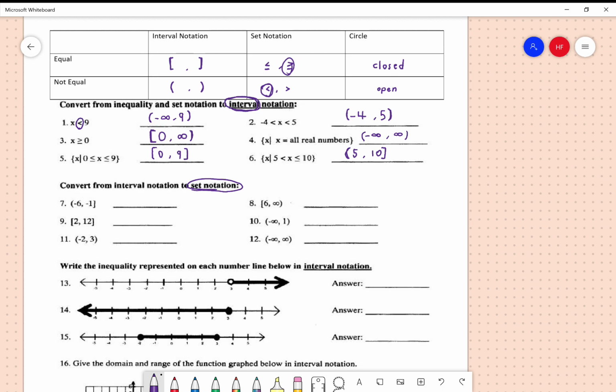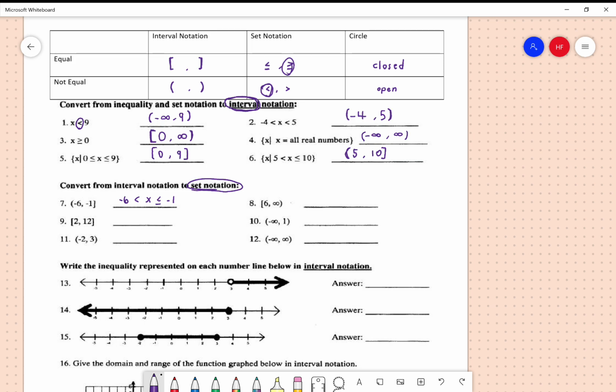So if we are finding values between -6 and -1, they're still my end values. We're just going to say x. And I want my values to be between, and the one with the bracket is the -1. So x is between -6 and -1 with -1 included.